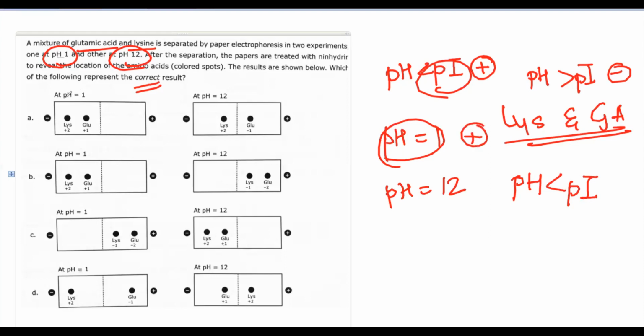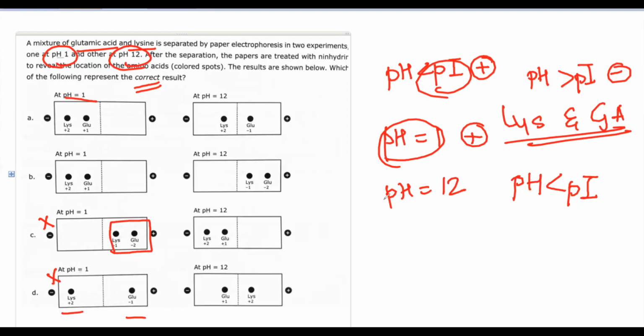That means at pH 1, the amino acids both should be positively charged, which is not seen in figures C and D. Because in figures C and D, here both are negative. Here one is negative, one is positive, which is not the case. We know that any amino acid at this low pH would definitely be positively charged. Then what about this one? There are options A and B wherein it is the same.